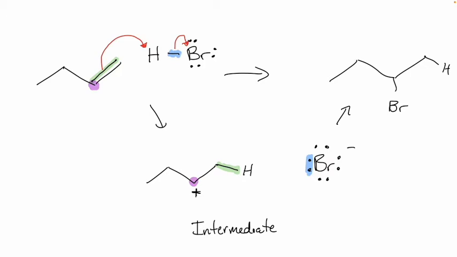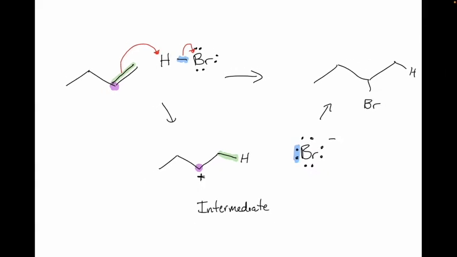An easy way to spot this, make sure you're paying attention to charges: if you started out with something neutral and create something negative, something positive has got to be in there as well.